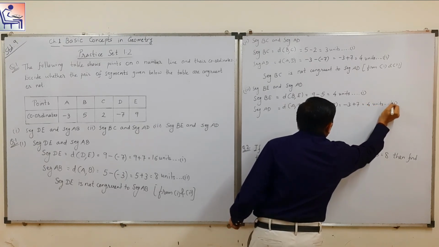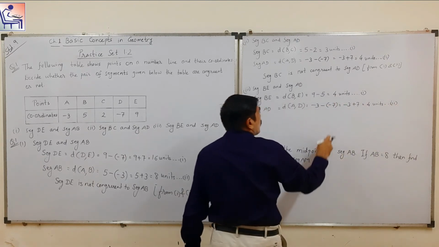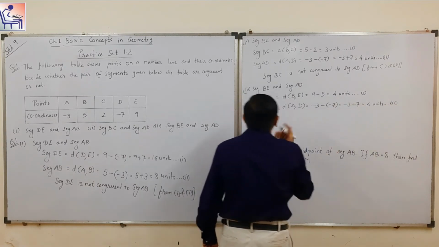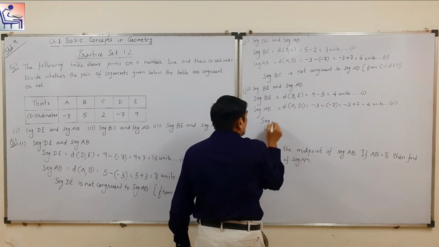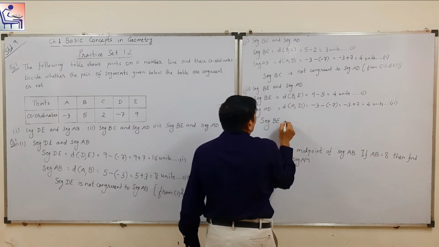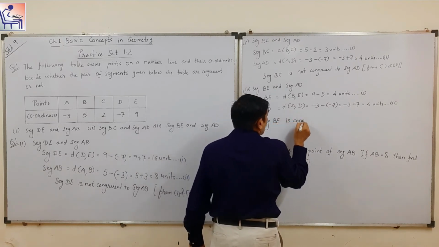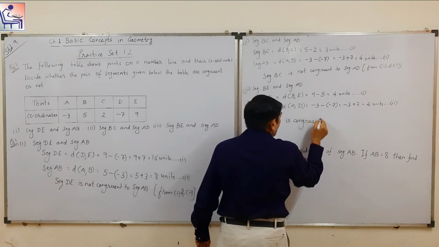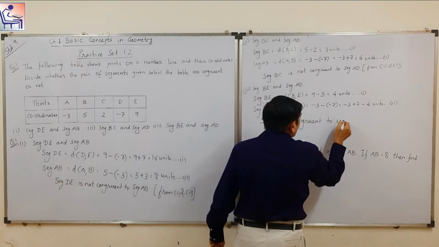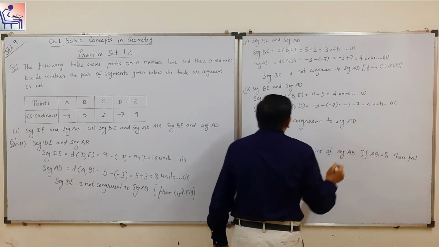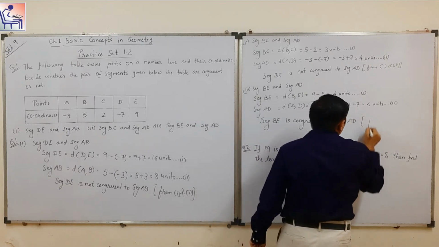Now in this sum, both are 4 units. So I can say that segment BE is congruent to segment AD from 1 and 2.